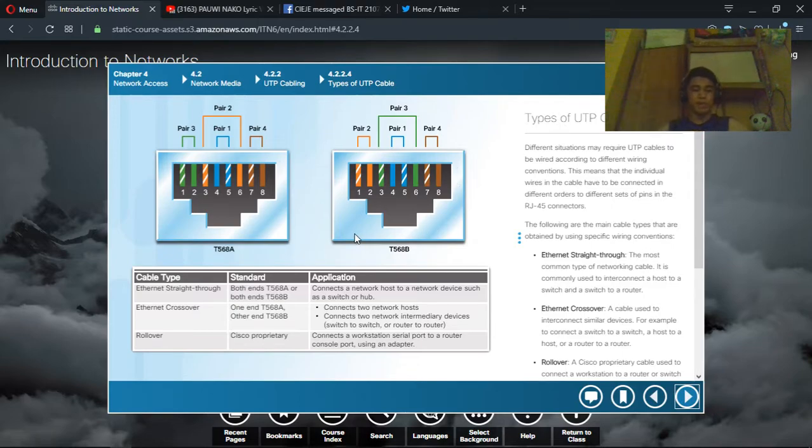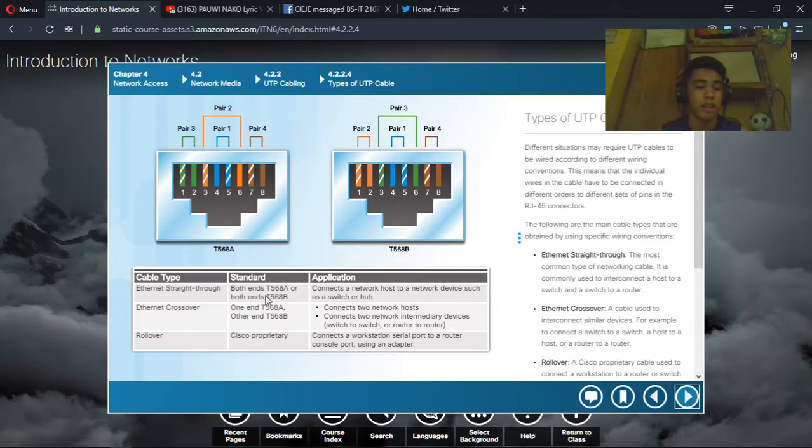For Ethernet straight-through, the standard must be the same on both ends: T568A on both ends, or T568B on both ends. It connects different devices, such as a host to a network device like a switch or hub.